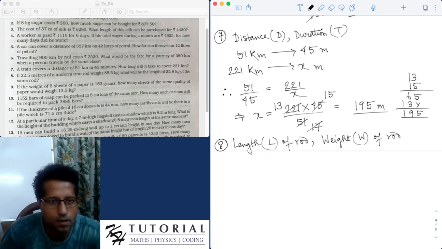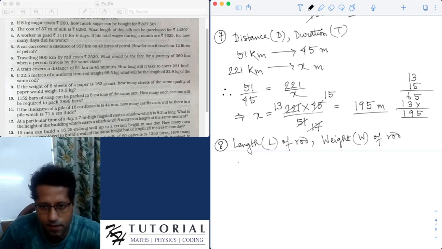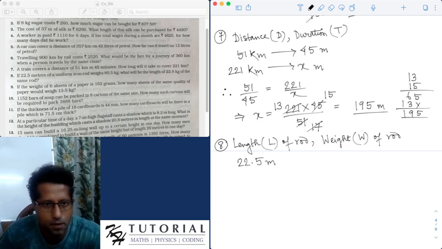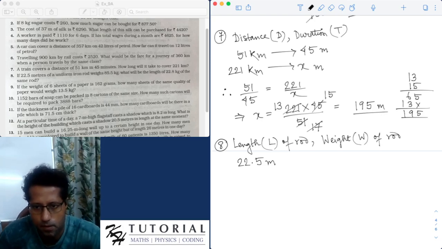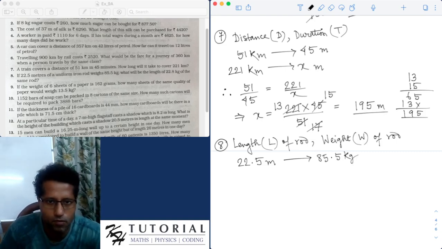So now the one fact given is that 22.5 meter of the uniform rod, by uniform rod means its density is uniform, its weight is 85.5 kg. It has asked what will be the length of 22.8 kg of the same rod.